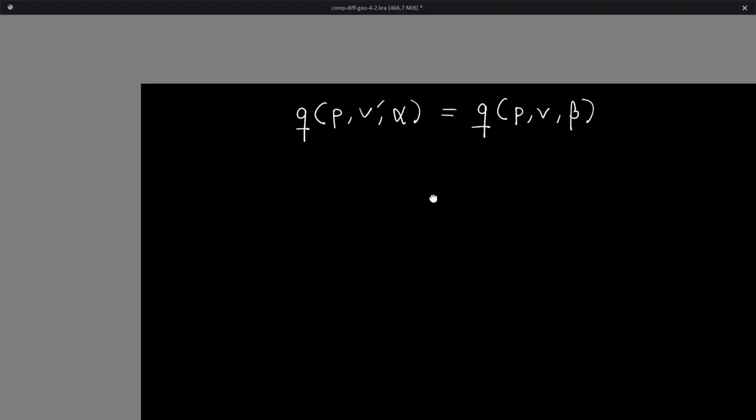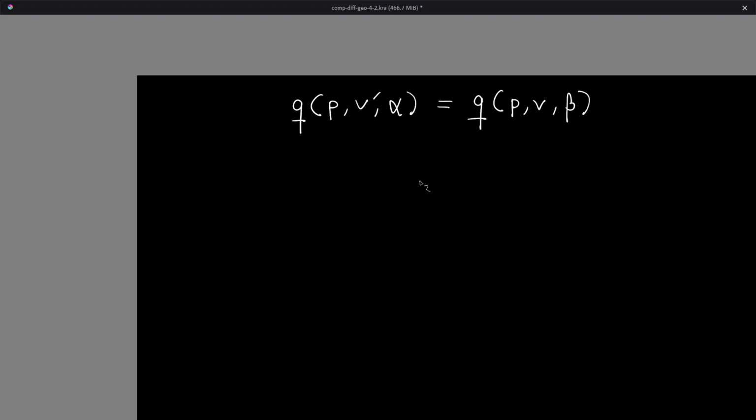Remember that we didn't make this distinction formally, but I want to remind people that what it really means for two points on our vector bundle to be equivalent is for their deduplications to be the same. So Q is the function that deduplicates things. If the deduplication of these two points is the same point, then they're actually equivalent to each other. And the clue is that we have P on both sides. So then what this means is that P V prime alpha is related to PV beta.